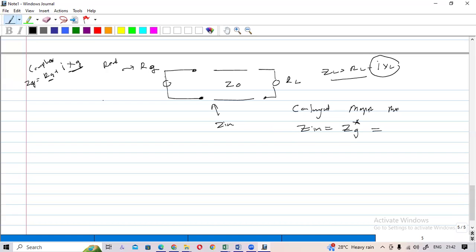The conjugate of Zg is Rg minus jXg, but this jXg is 0. So again, it will be equal to Rg. The conjugate of the real value is the same value. Now you need to equal this Z in to Rg.